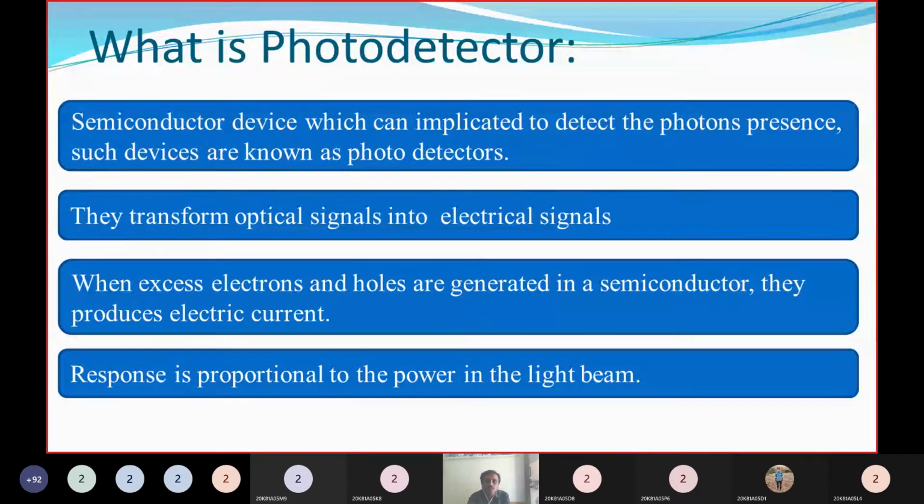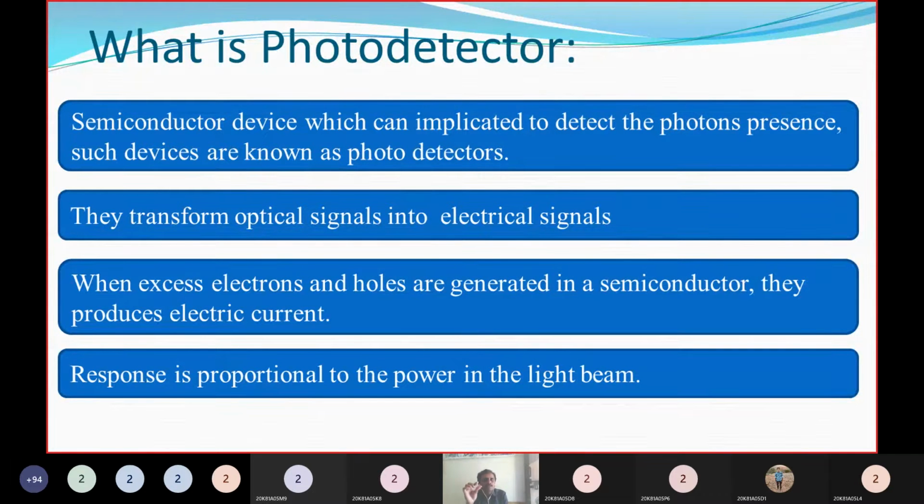That's why the photodetector material should be very sensitive, which means the band gap should be very small.